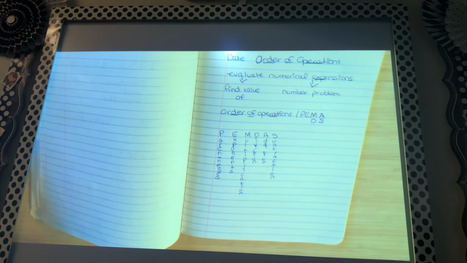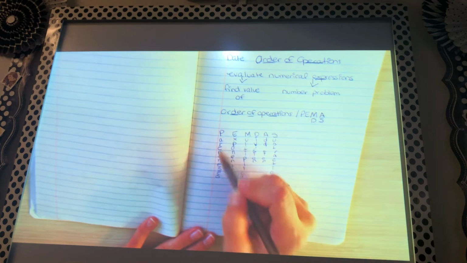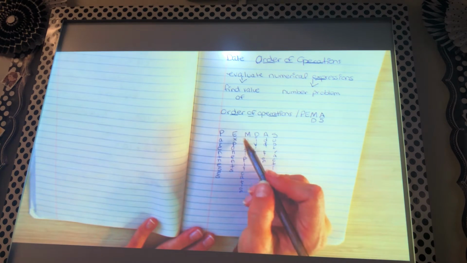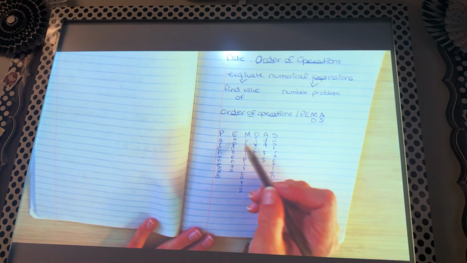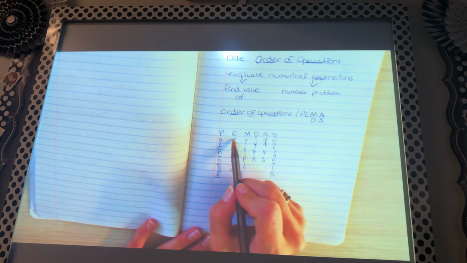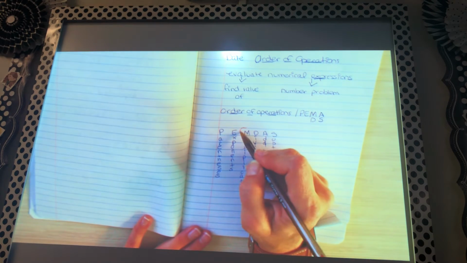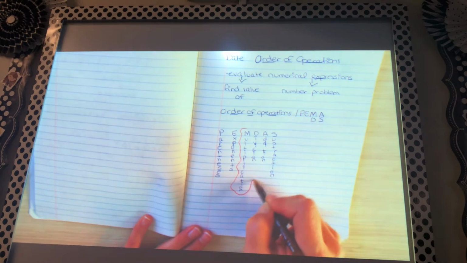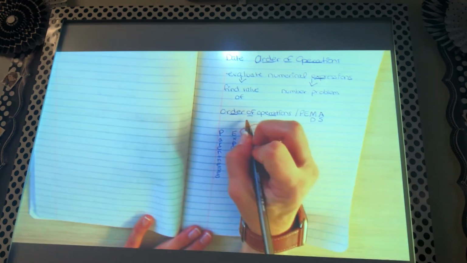So when we follow order of operations, we go as like a little checklist through PEMDAS. We do parentheses first. Anything inside the parentheses we do, and we still follow order of operations. So if there's an exponent in the parentheses and addition, subtraction, you would do the exponent first because it comes first in the order of operations. But then, when it comes to multiplication or division, since they're inverse operations, we do whichever one comes first from left to right.